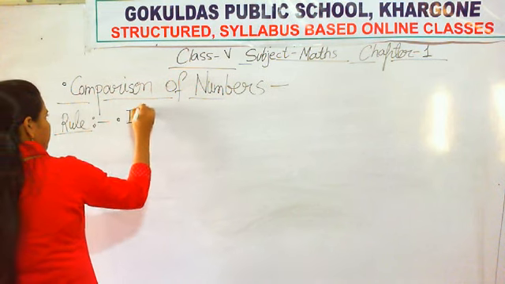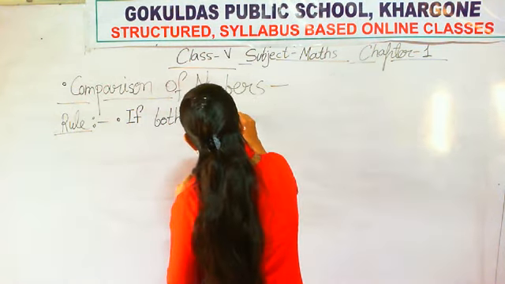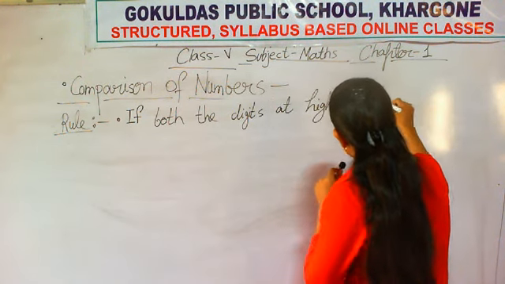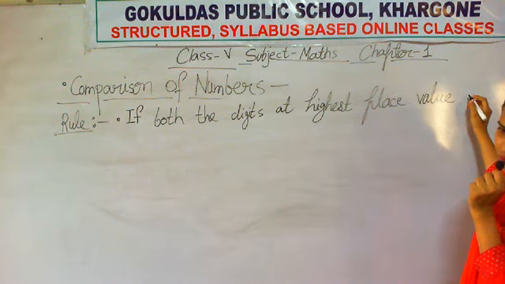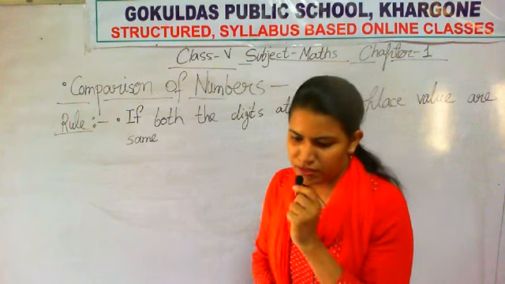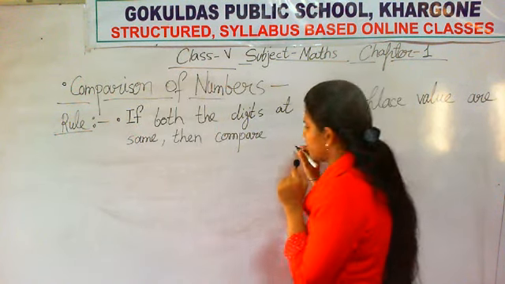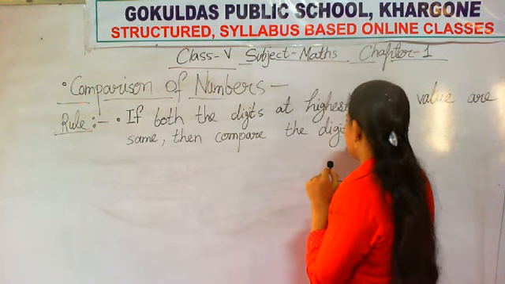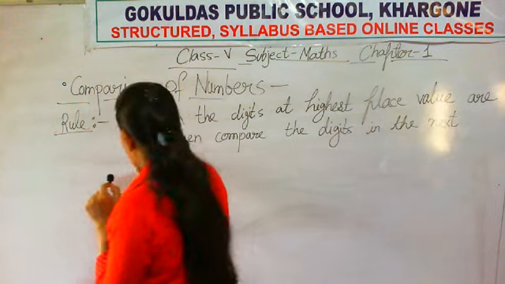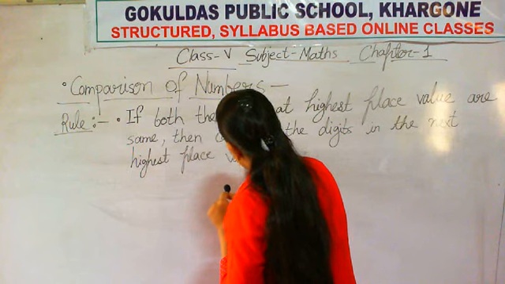If both the numbers have the same digits at the highest place value, then compare the digits in the next highest place values, and so on.